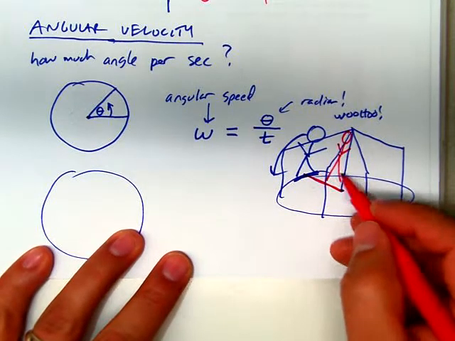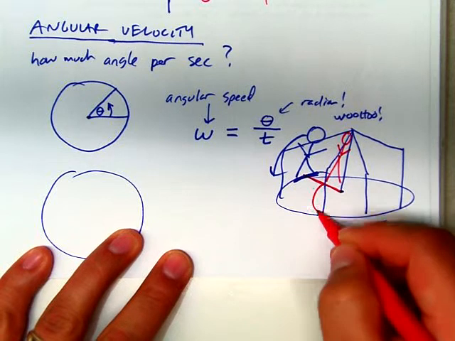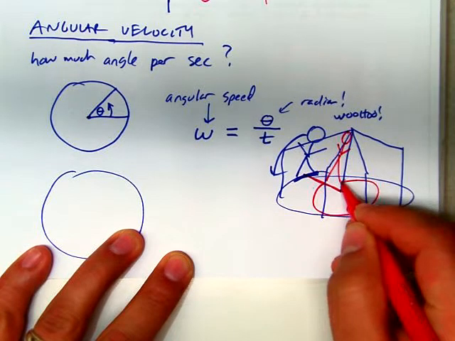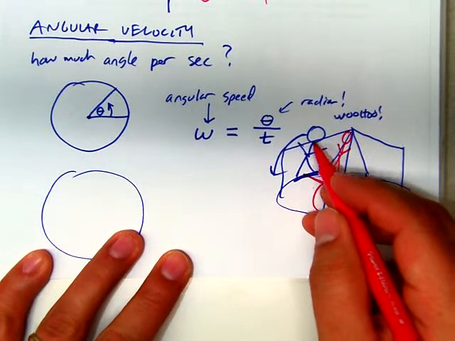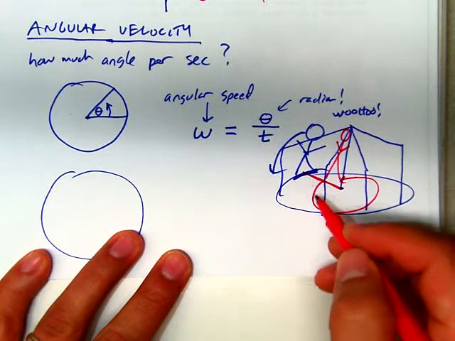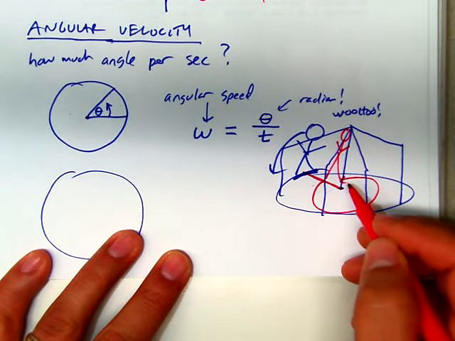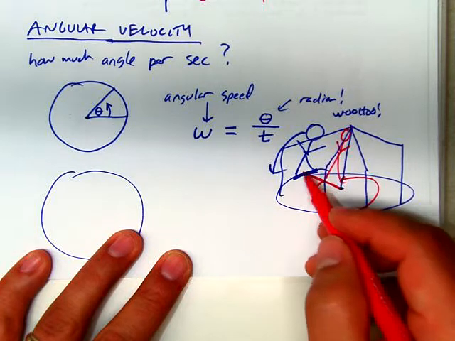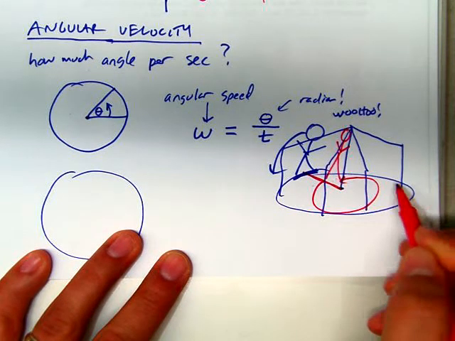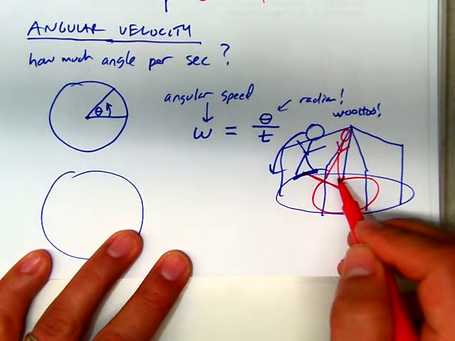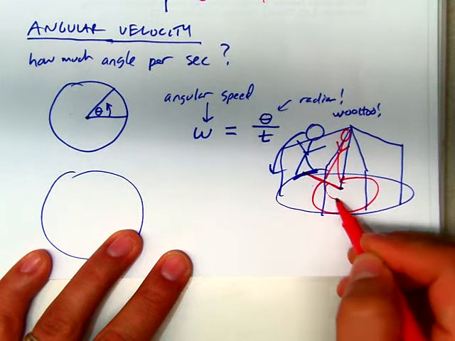In the same amount of time, both this blue person and this red person would have rotated the same angle. However, the person on the outside has a much further distance to travel than the person right here on the inside.